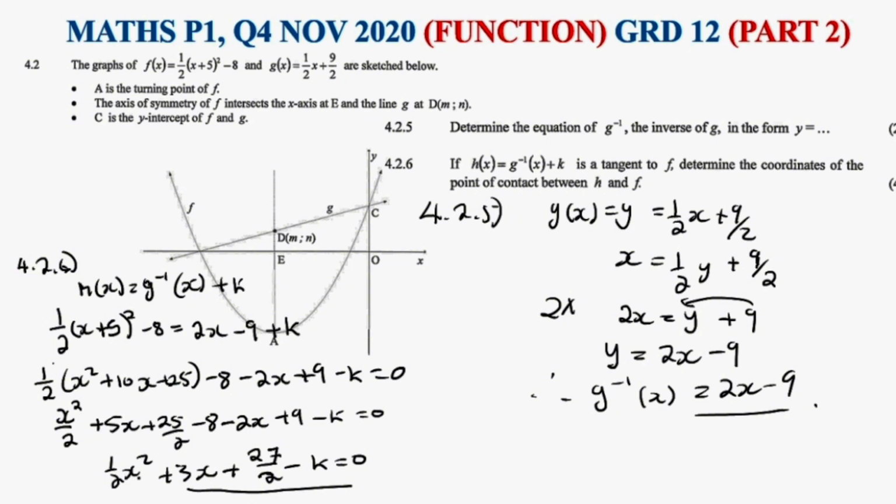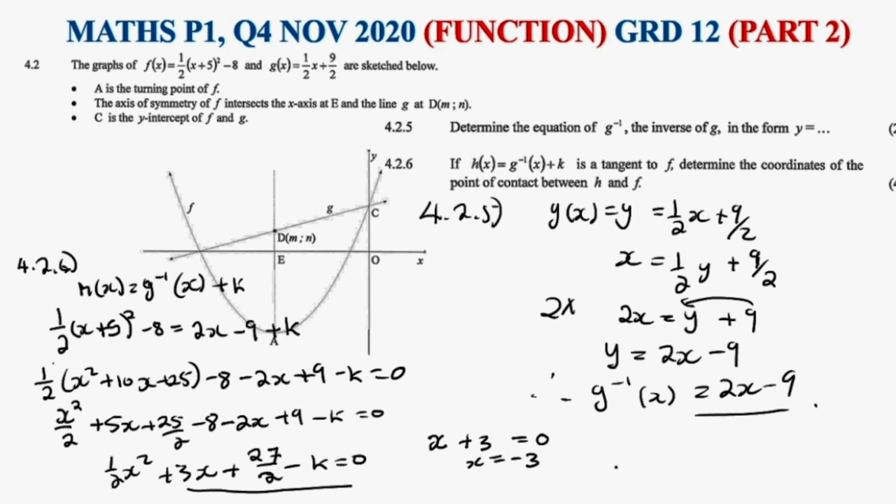So we need to take the derivative of this, which equals 0. When you take a derivative, you drop the 2, therefore you minus, so you're left with x plus 3. The derivative of a constant is 0. The derivative of a constant here is also 0. Therefore, this will be equal to 0. Therefore, x should be equal to minus 3.